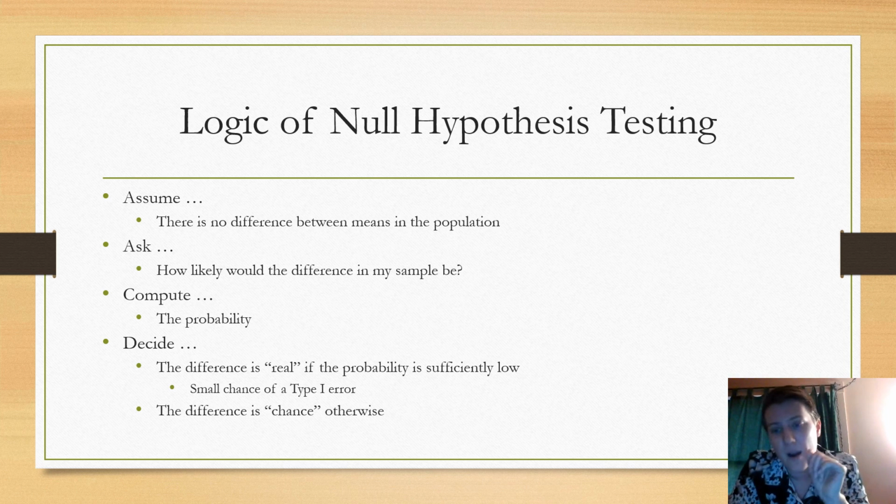We compute the probability next, so we have our p-value. We compute that, and then we decide if the difference that we obtained is due to chance, or if there's really a difference. If our p-value is less than 0.05, hey, reject the null.